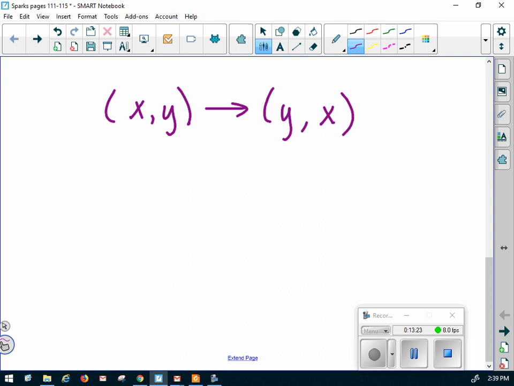Ladies and gentlemen, that's why you switch the domain and the range. That's why you switch the x and the y. Y goes in place of x goes in place of y. Because if you reflect a point over the line y equals x, then the x's and y's change.